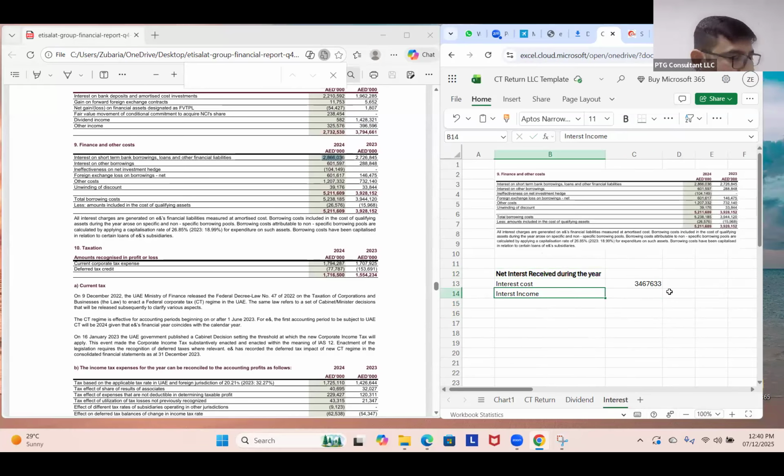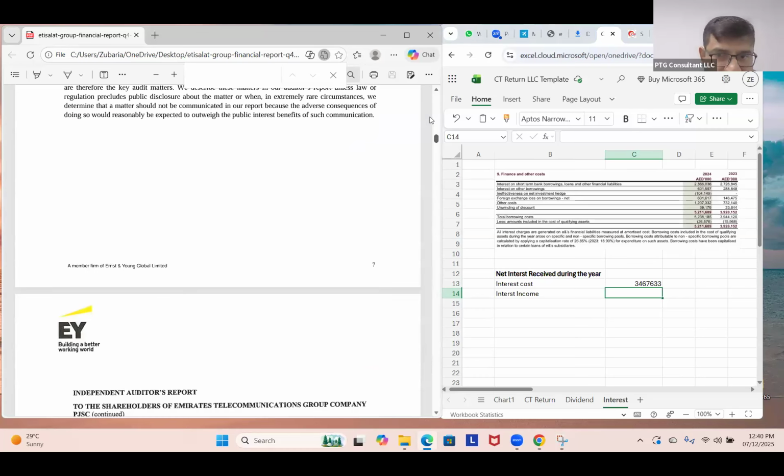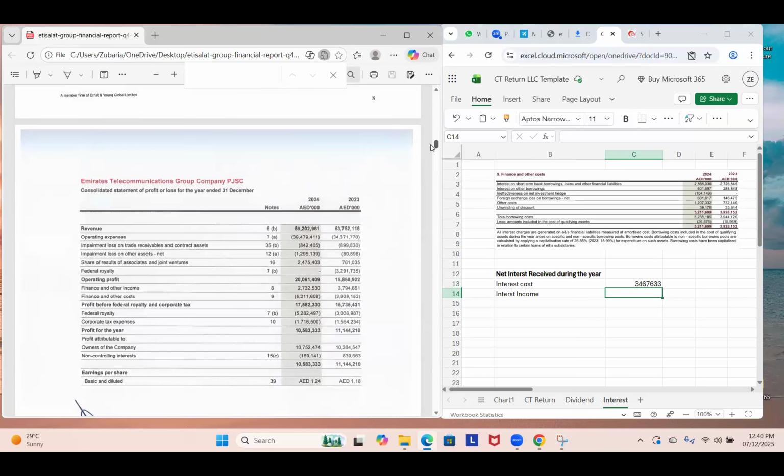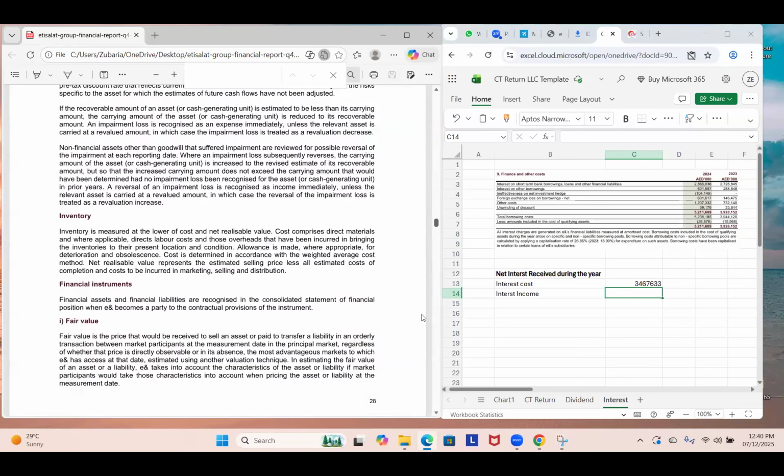Now please search the interest income we received during the year. Let us go back to the profit and loss and see if there is such income. Finance and other income 2.7, note number 8.